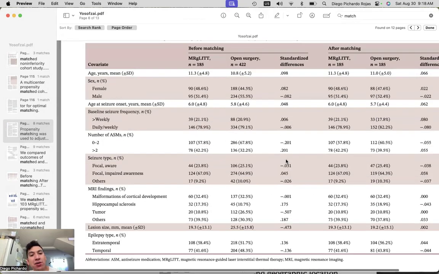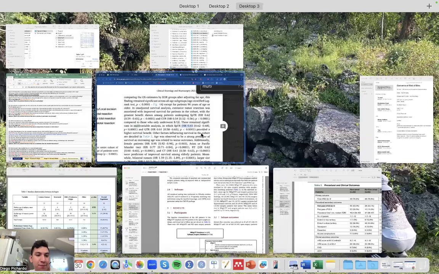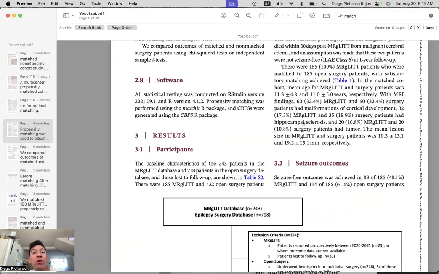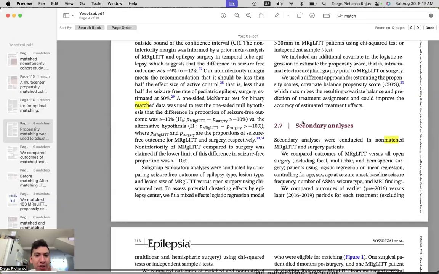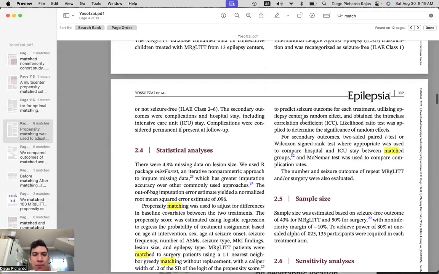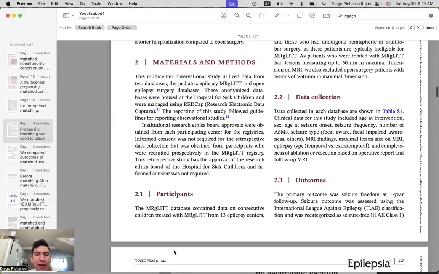So what we want to do is look at what the characteristics for inclusion in this study were.